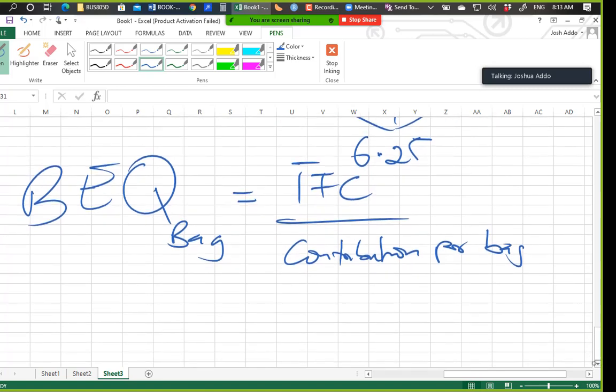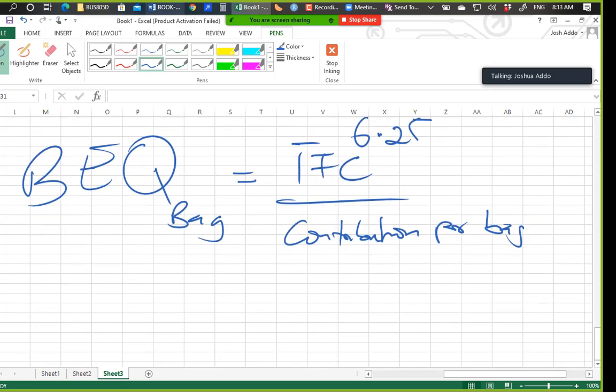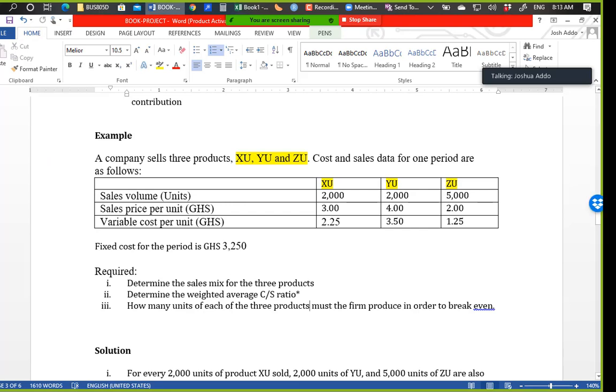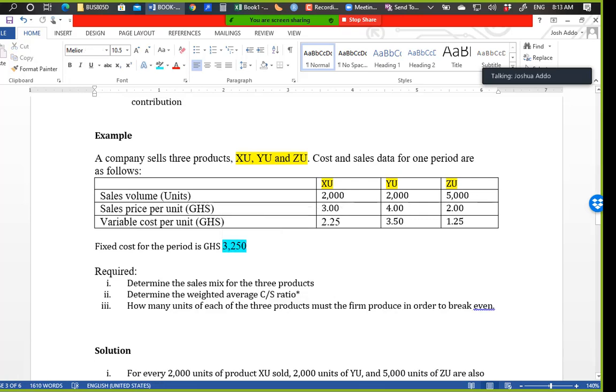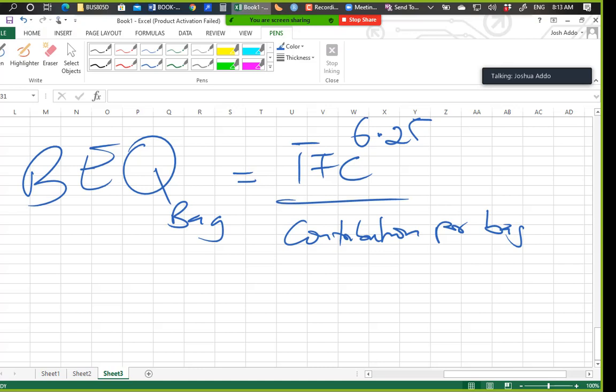Now, the total fixed cost in the question was 3,250 Ghana cedis. And we already know our contribution per bag.